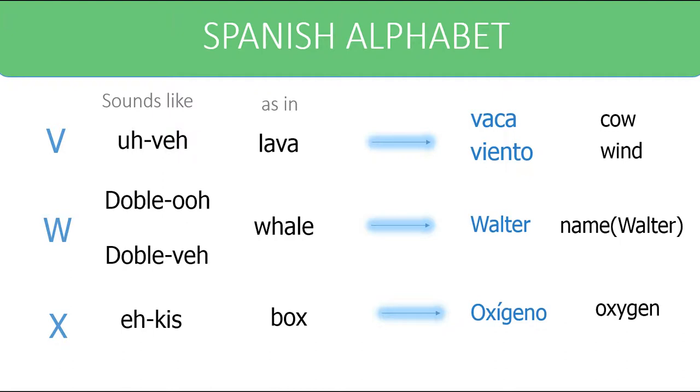For example, "oxígeno." Now let's remember the letters that we have learned so far, which are A, B, C, D, E, F, G, H, I, J, K, L, M, N, Ñ, O, P, Q, R, S, T, U, V, W, X.